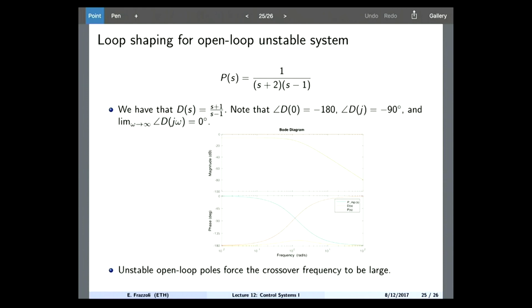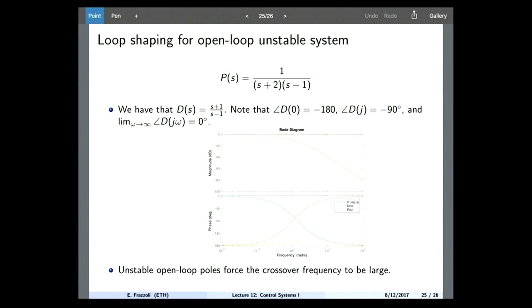You see that at low frequencies, the red line, that is my D of S, has a phase of negative 180. Okay? Right, so I thought that for the nice plant, my phase at low frequency would be 0. Instead, I have negative 180. So technically, I'm not unstable, but I have a very low stability margin, very low phase margin.